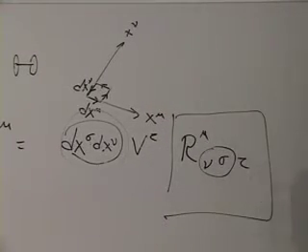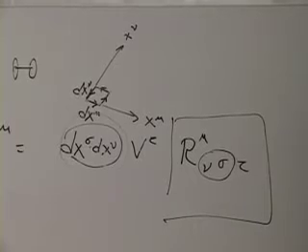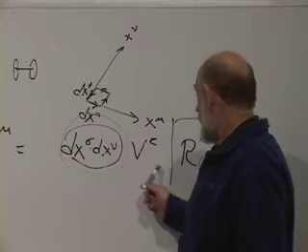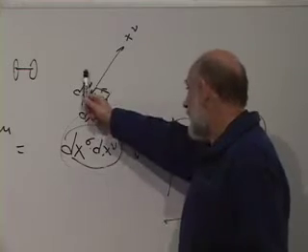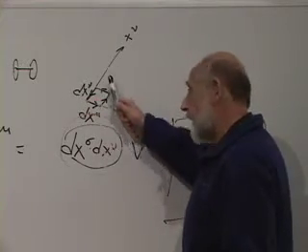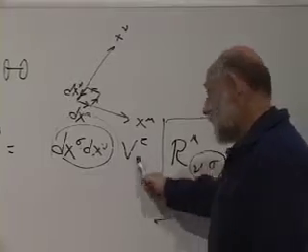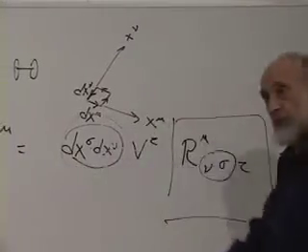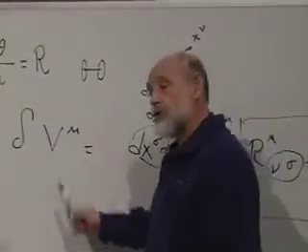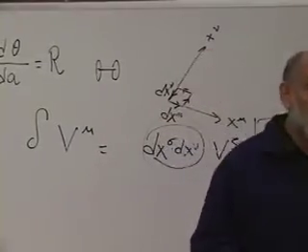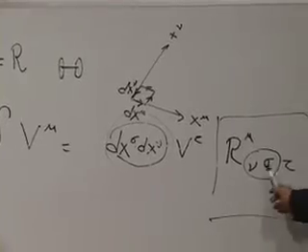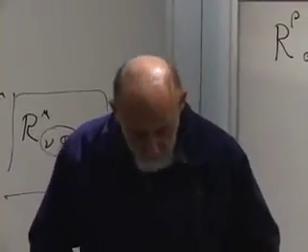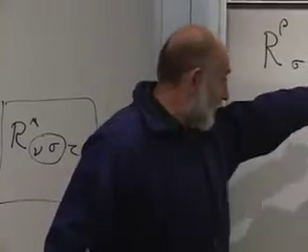And the assumption here is that this equation is true for any vector that you start with, that when you take it around the closed curve, this is what you get. If you have a vector equation like this, which is true for every possible vector that you can start with, then R must be a tensor. So there's a theorem involved here that R is a tensor. It's not obvious from here.